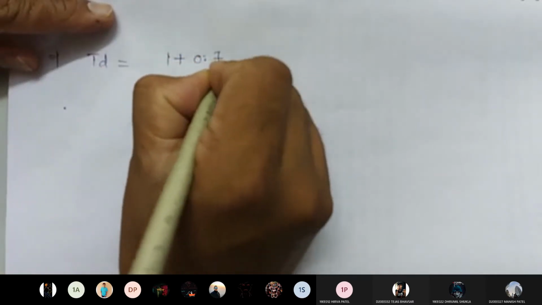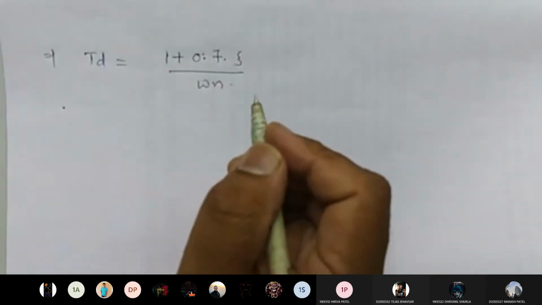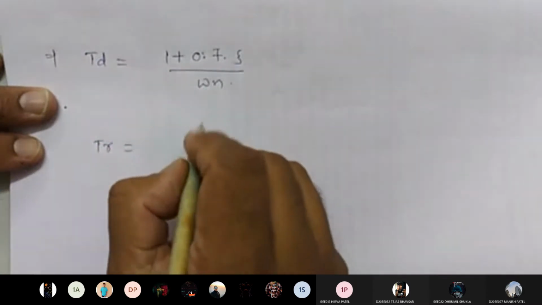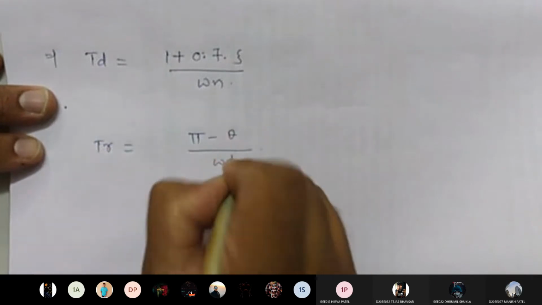Done. So I will just brief out the mathematical equations, which I will derive later. TD we can find by this formula: 1 plus 0.7 times zeta upon omega n. Another one is your rise time, TR, which is equal to pi minus theta divided by omega d.